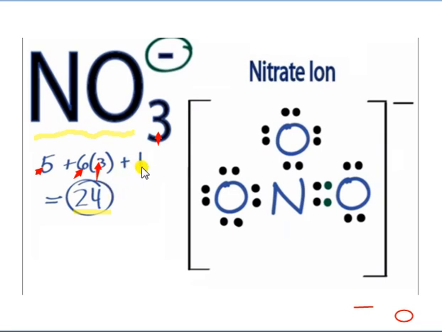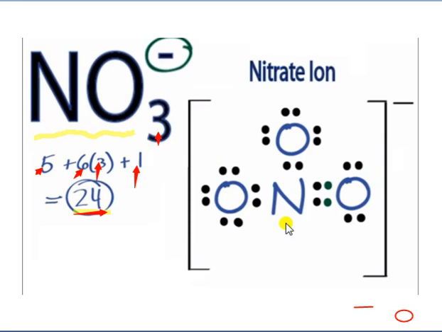Now plus 1 is added, which means one negative charge is present on that molecule. So combining this, the total number of valence electrons is 24, and 24 dots will be present on that molecule.